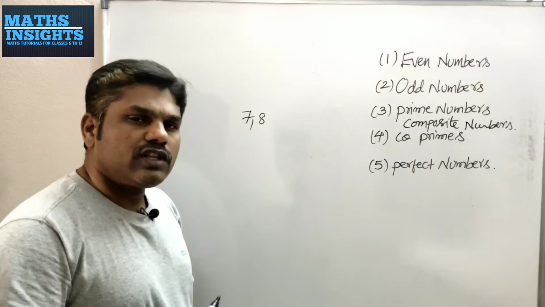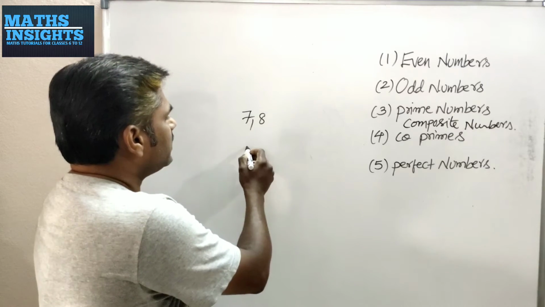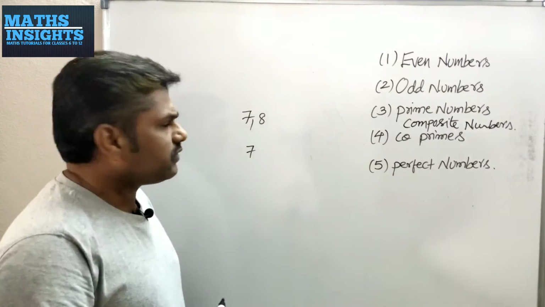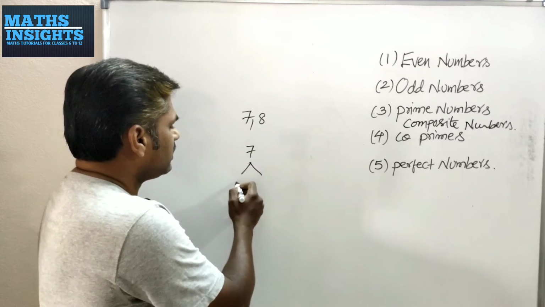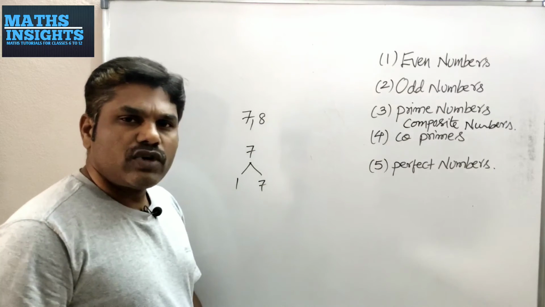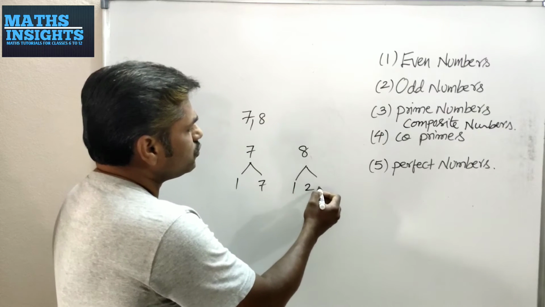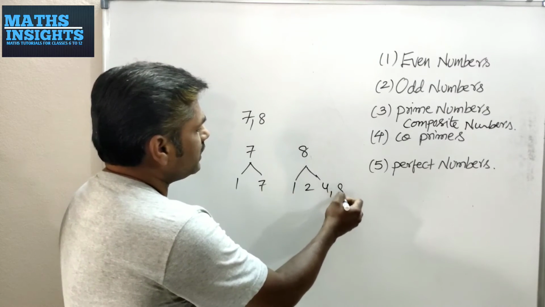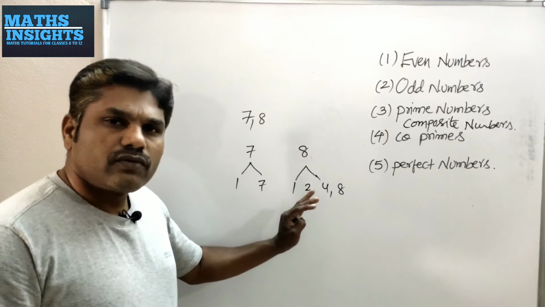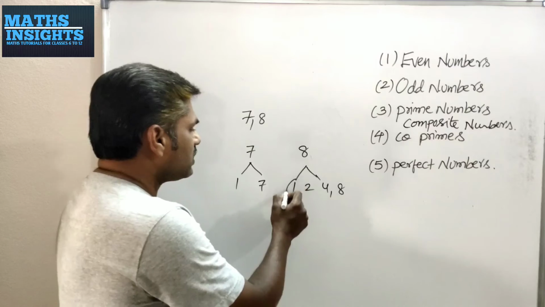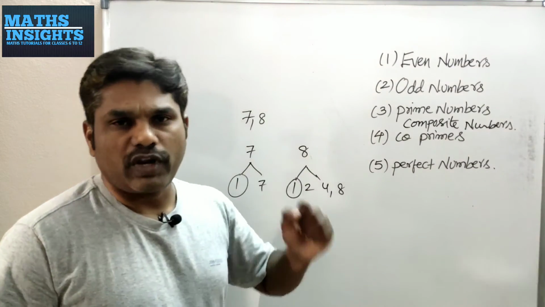If you find the factors of both 7 and 8, for 7, 1 and 7 are the only factors, and for 8, of course, 1, 2, 4 and 8. If you see, the only common factor for these two numbers is 1. That's why these two are said to be co-primes.